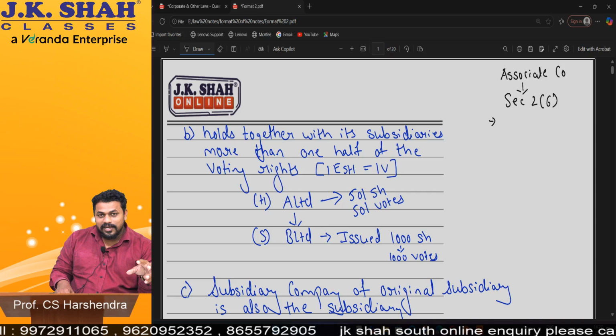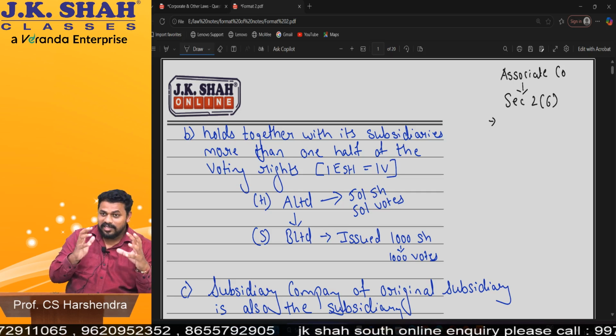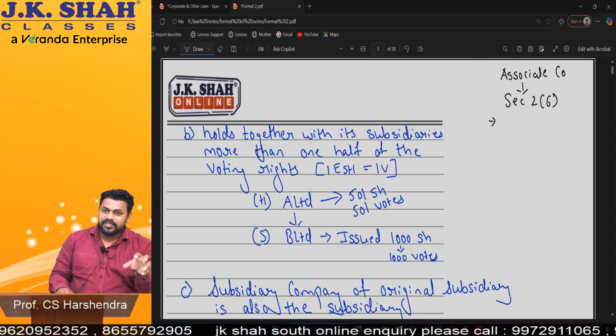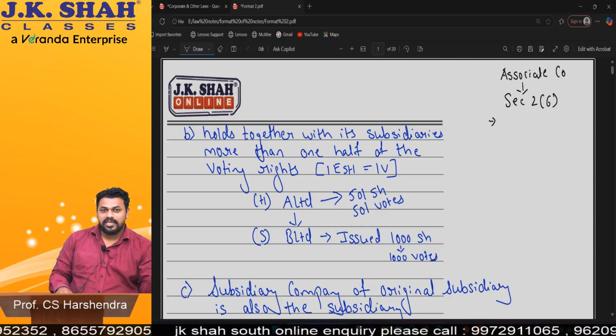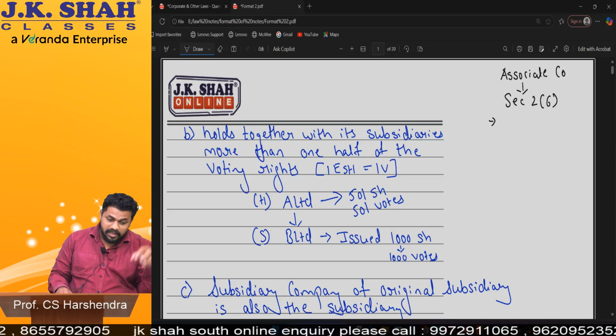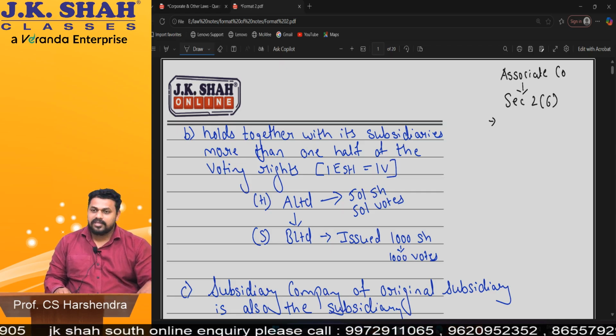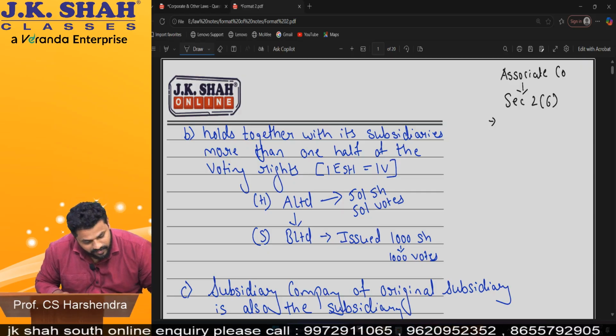So sir, that is okay, understood, the general reason why significant influence. But is it quantified like holding and subsidiary? In holding subsidiary, majority of shares and voting rights were there. So here, is it quantified? Yes, here also it is quantified. But let me write the first part here, then we'll see the quantification.